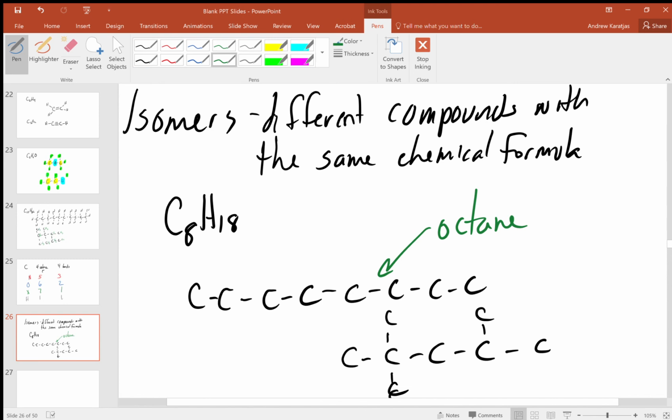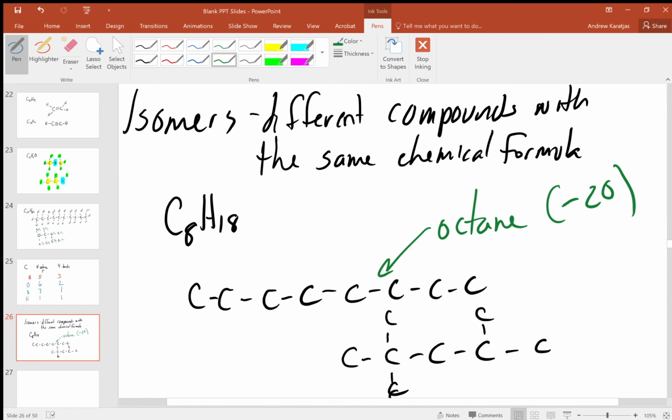Why not? Well, it turns out octane has a very, very low octane rating. In fact, what is the octane rating of octane? -20. So that's actually pretty terrible for your car.